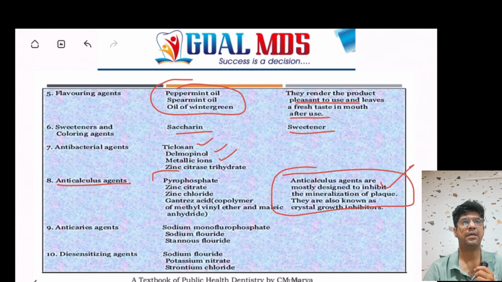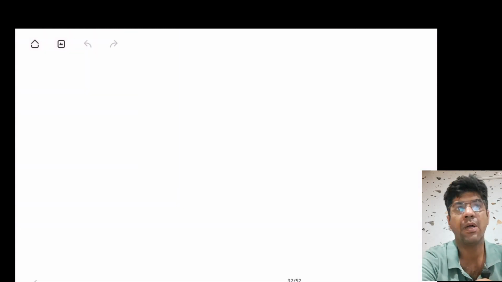They inhibit the mineralization of the plaque. Anti-caries agents: some toothpaste contain anti-carious agents like sodium monofluorophosphate, sodium fluoride, stannous fluoride. Desensitizing agents include sodium fluoride, potassium nitrate, and strontium chloride.